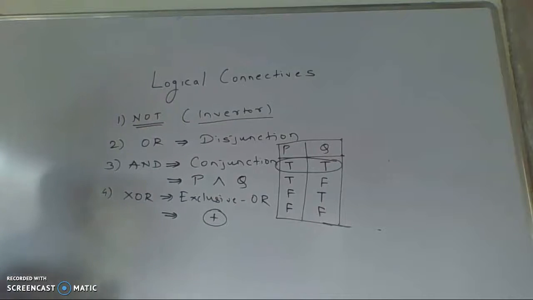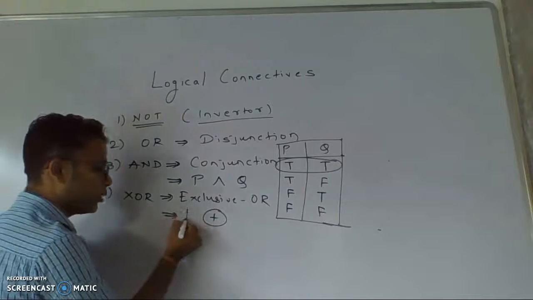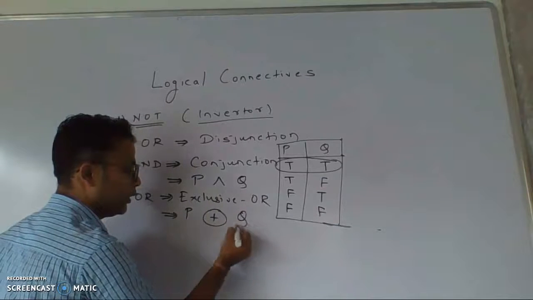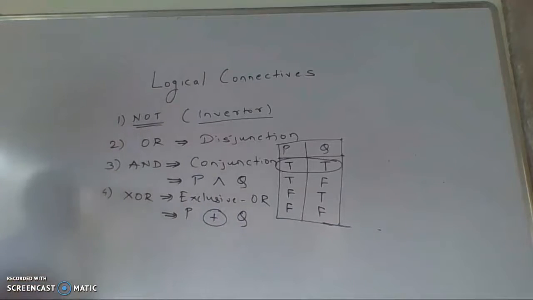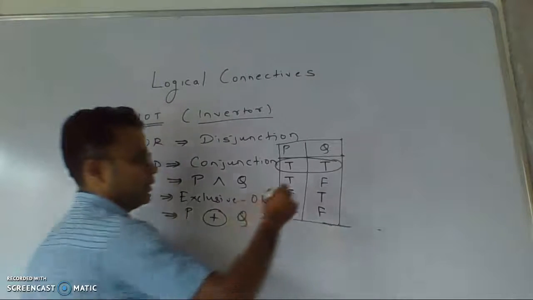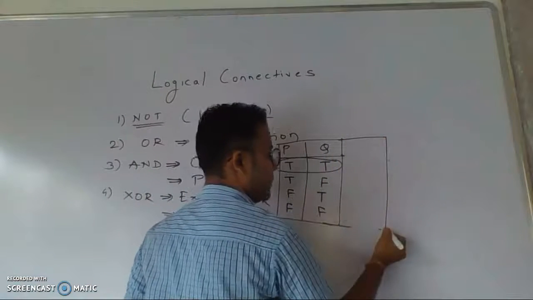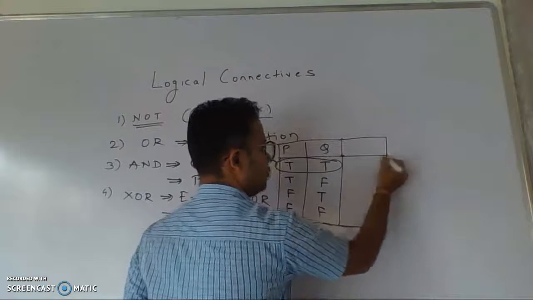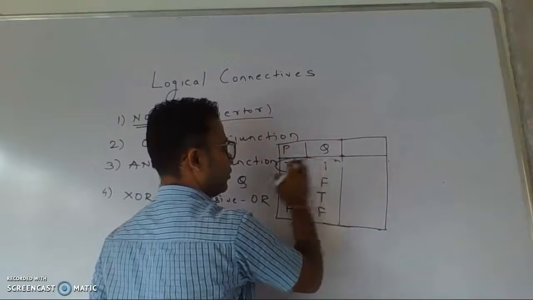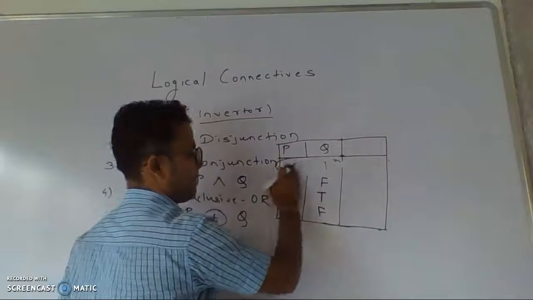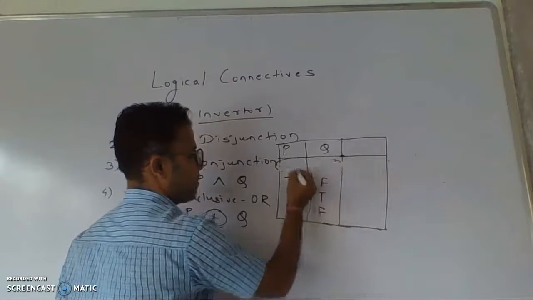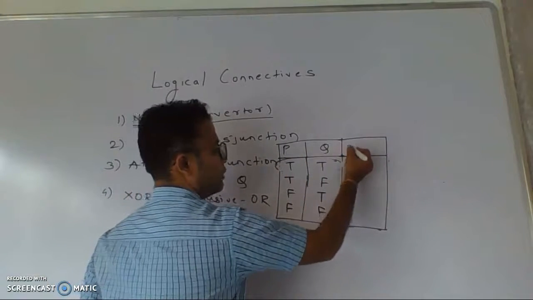So for two statements P and Q, P XOR Q can be denoted like this. Now again the truth values, P XOR Q.